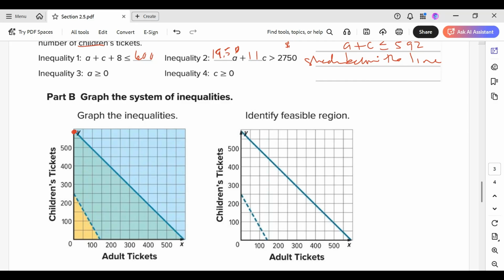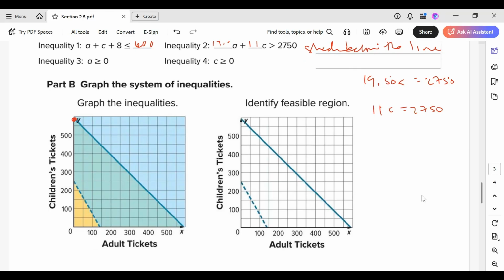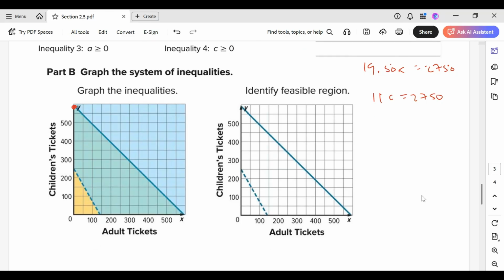Think of it as 19.50A equaling 2750 to find where I'm going to be on the x-axis, and then 11C equal to 2750 to find where you're going to be on the y-axis. Hence, children's tickets are the y position and adult tickets are the x position. Inequalities 3 and 4 have to be shaded above the line because you want to have zero or more passengers.